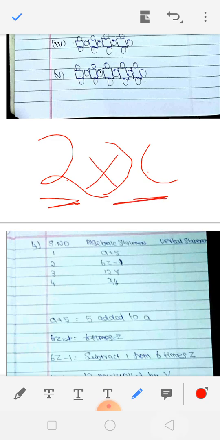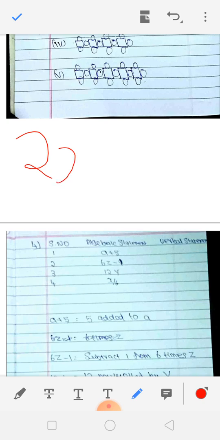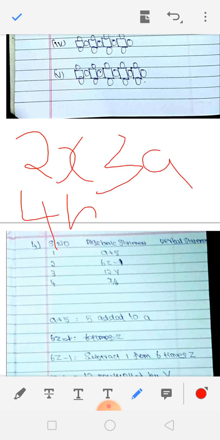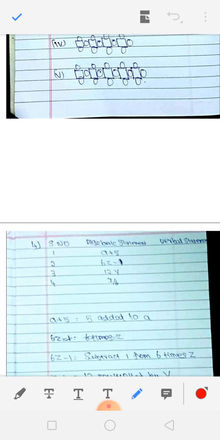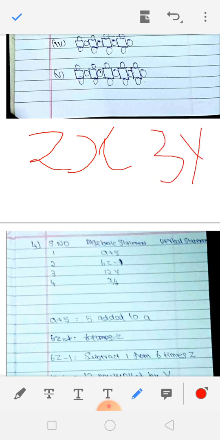Similarly 3a and 4b: in 2x, 3a and 4b there is multiplication in between. So if you see this type of term, 2x or 3y, one number and one variable, the middle of this term is multiplication only.